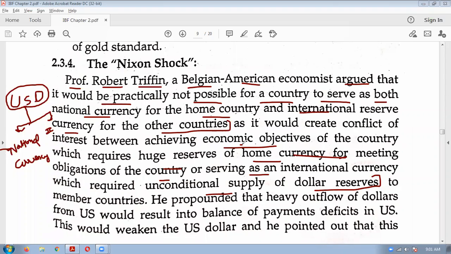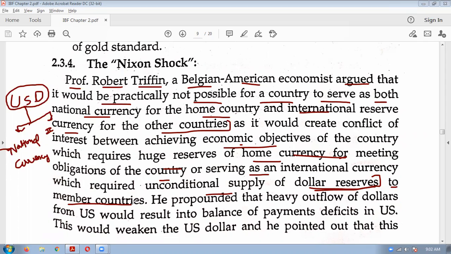But USA is also an international currency, no? So it will require unconditional supply of dollars to other countries also, because it has made the promise in the Bretton Woods agreement that we will supply dollars to you against gold. Okay, to the member countries.